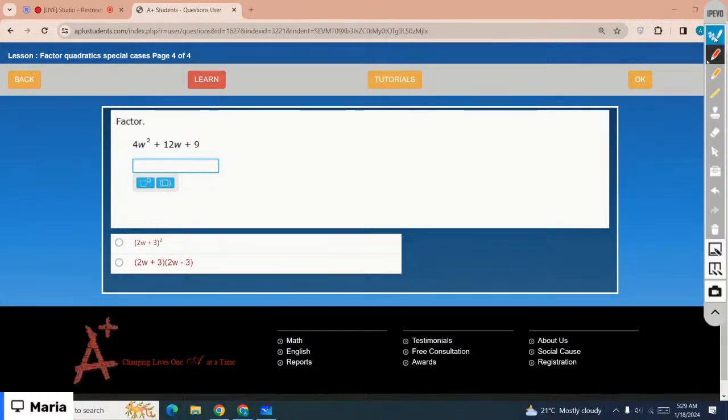What are the factors for 4w square plus 12w plus 9? 4w square is the square of 2w and 9 is the square of 3.